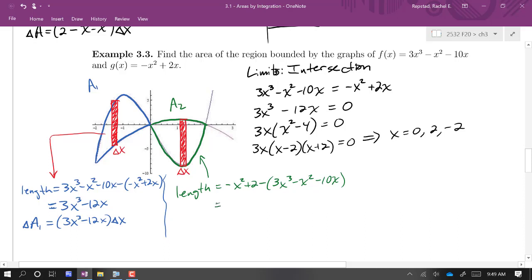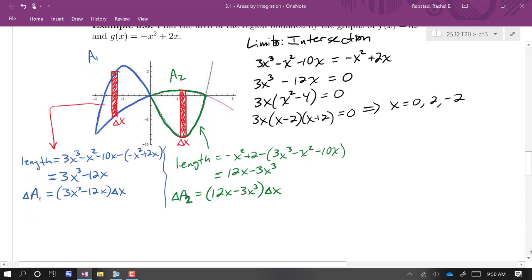And of course, when you're working with the same expressions and you're just reversing the order of subtraction, you're going to get just the negative of what we already got. You could check this, but you're going to get 12x minus 3x cubed. So our delta A2, the area of that sample rectangle in the green region, is 12x minus 3x cubed, all multiplied by delta x.